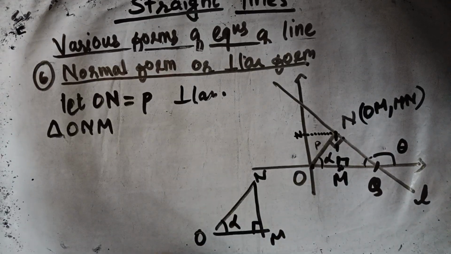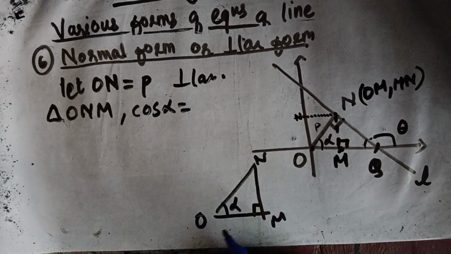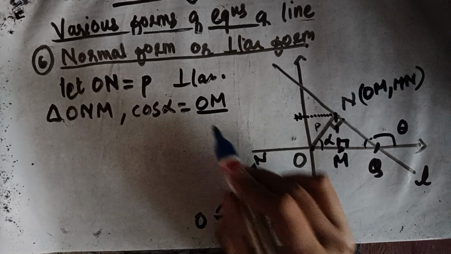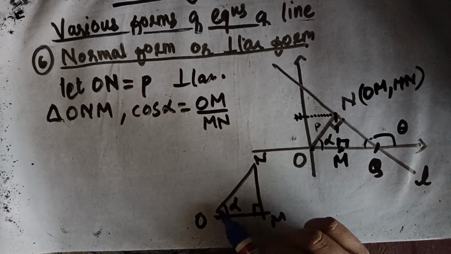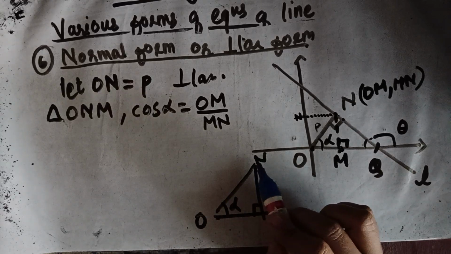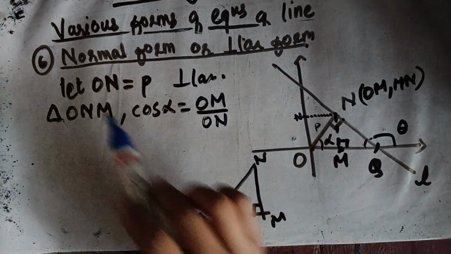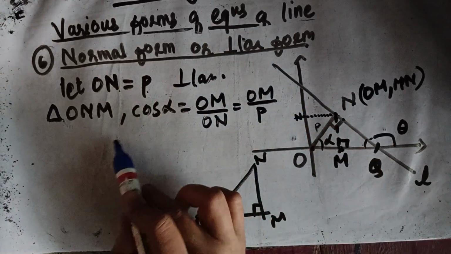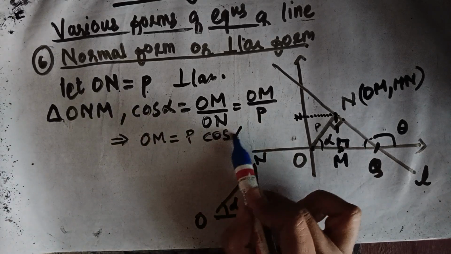So if you take cos alpha, adjacent OM upon hypotenuse, sorry. And ON we are taking as P. So from this you will get OM is equal to P cos alpha.